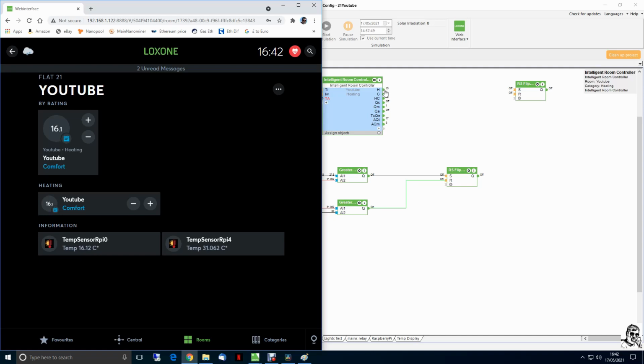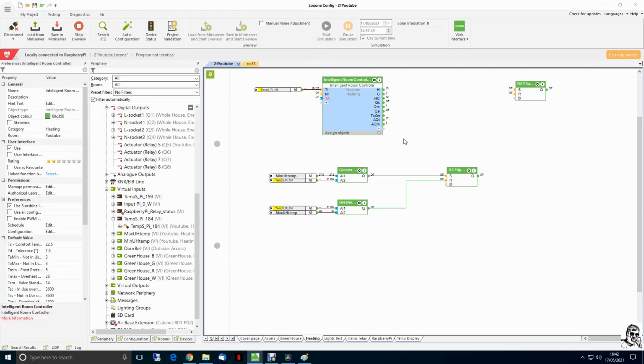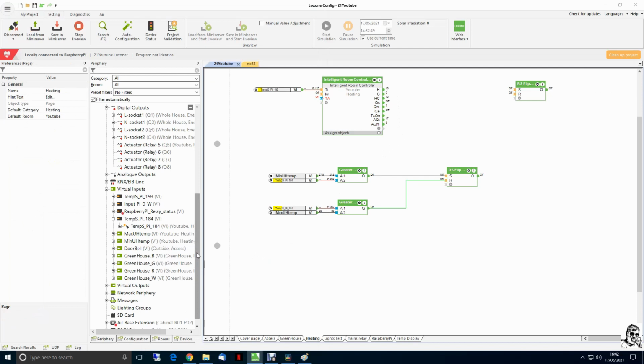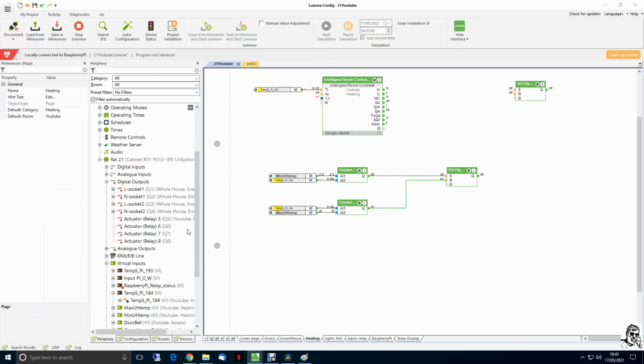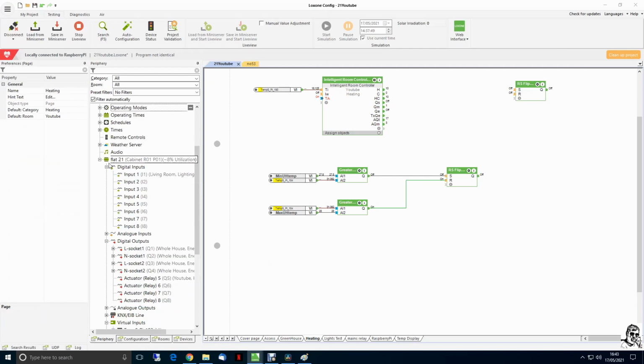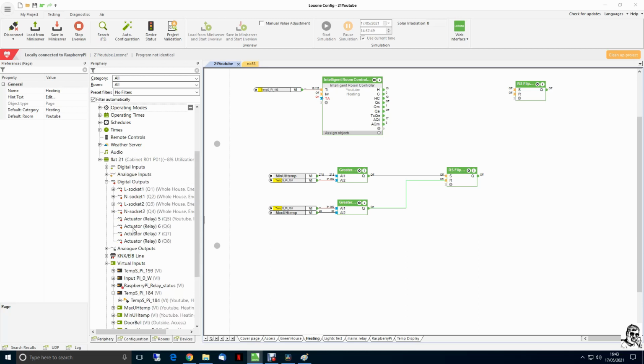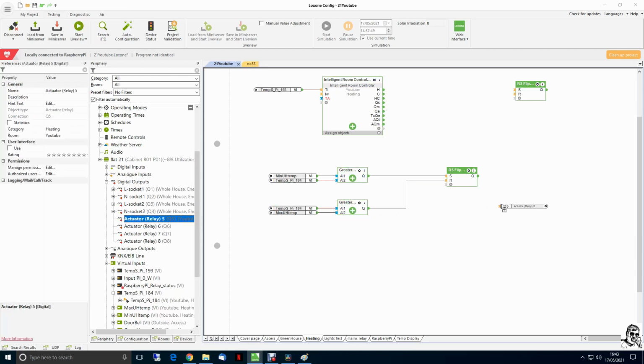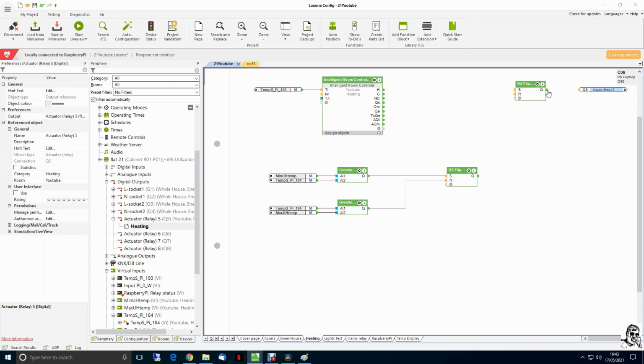To be able to use it, we need to add a digital output, one of the actuators, the relays, needs to be connected in here.